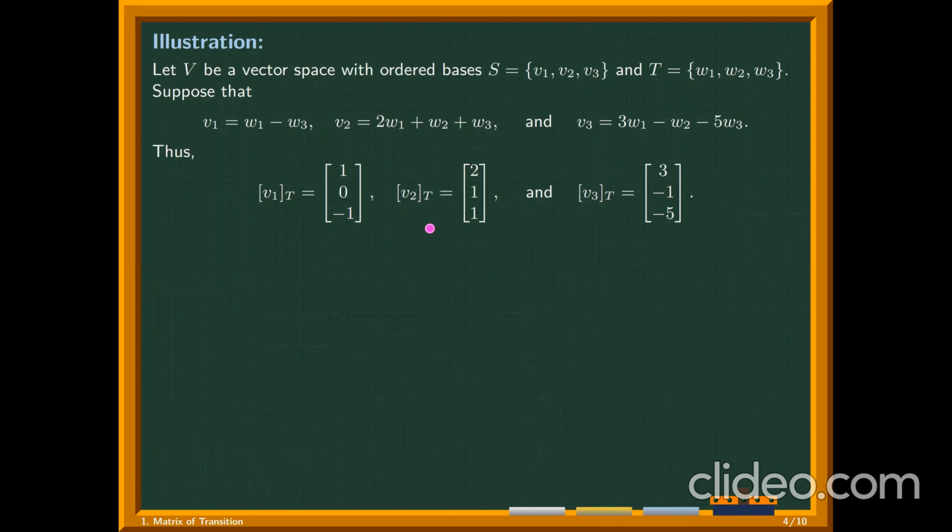And similarly, for V2, the coordinates with respect to T are 2, 1, 1. For V3, the coordinates are 3, -1, -5.